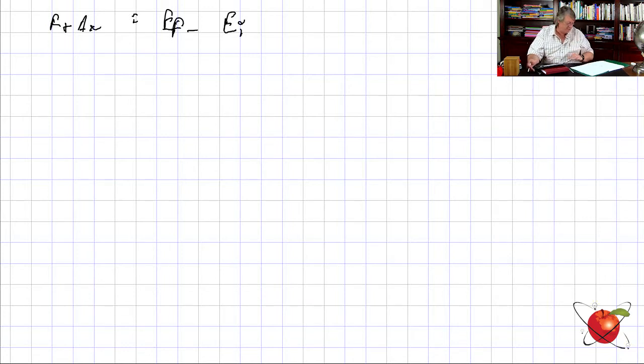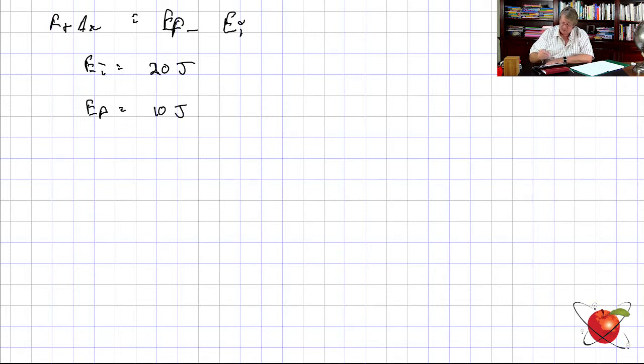Let us take an example. Remember, we said E initial was equal to 20 joules. And we said that E final was equal to 10 joules.